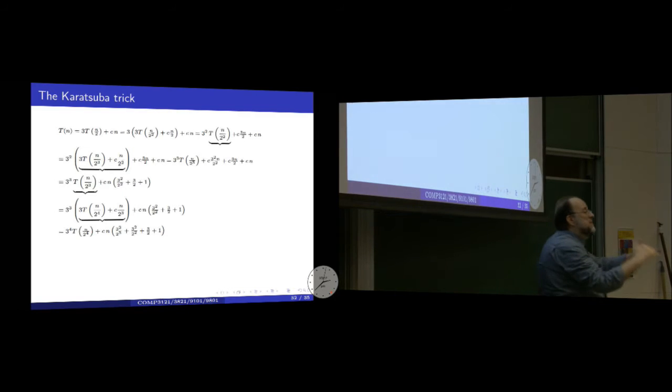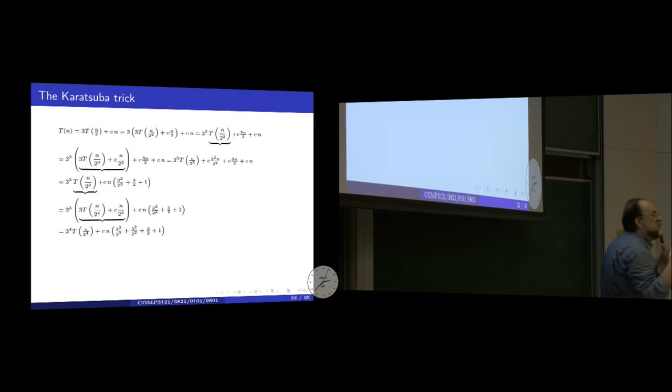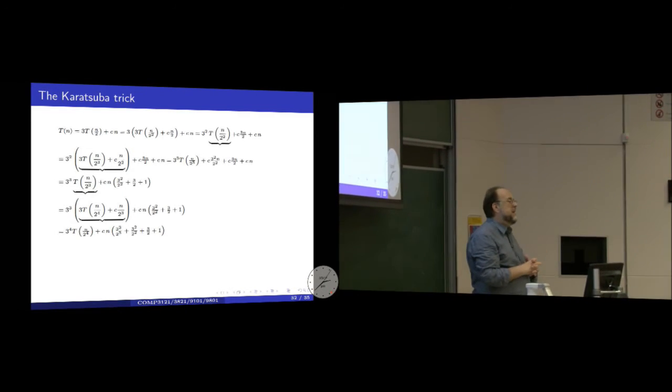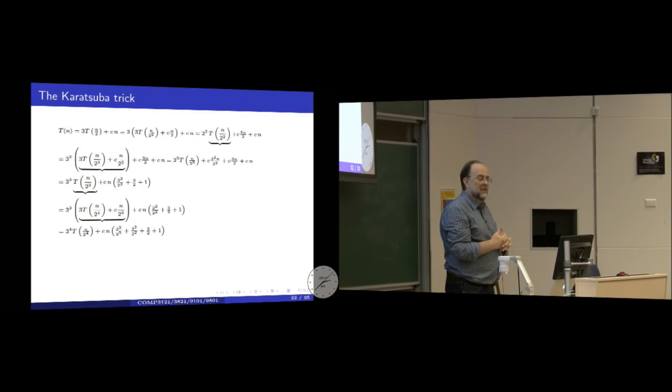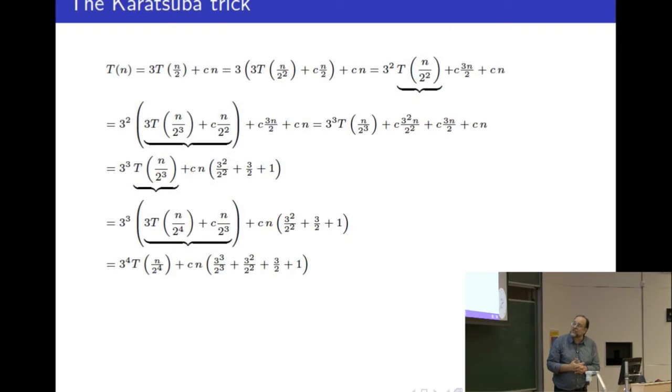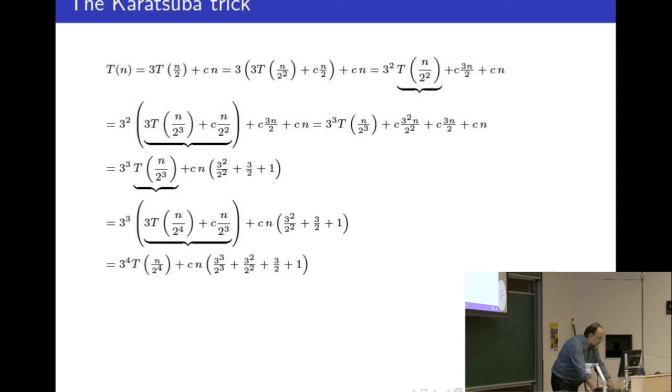How far can we go? When do you hit the bottom? After how many steps? Each time you halve n. So how many steps can you make? Log n, right? Because log n tells you precisely how many times you can divide a number by 2 until you reach 1.